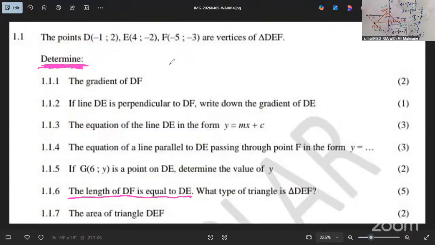Now you know the distance formula. DF is equal to, do you want to say it out loud?